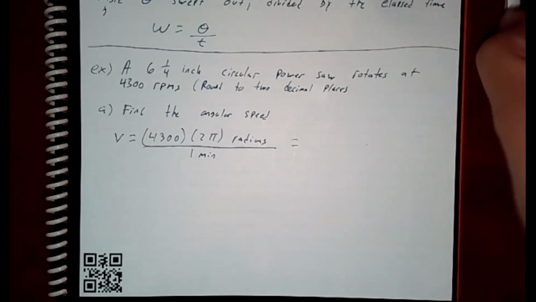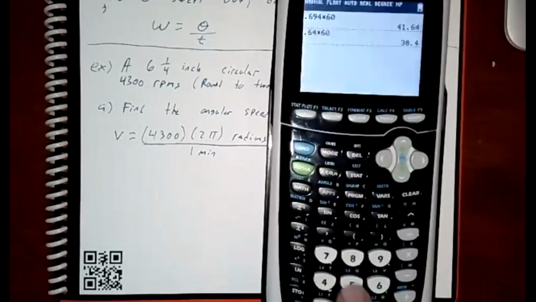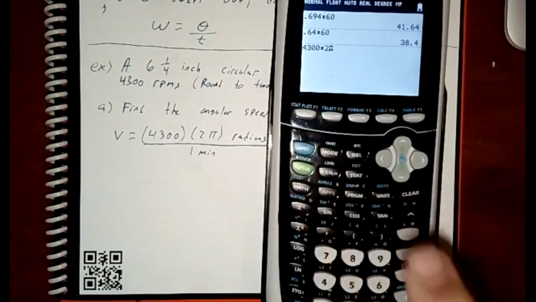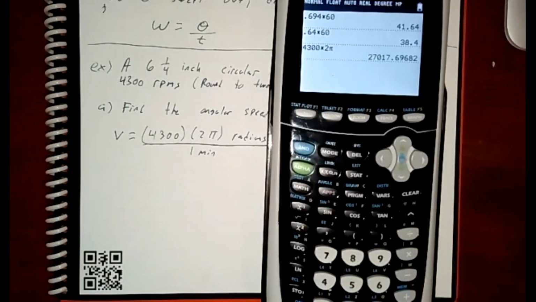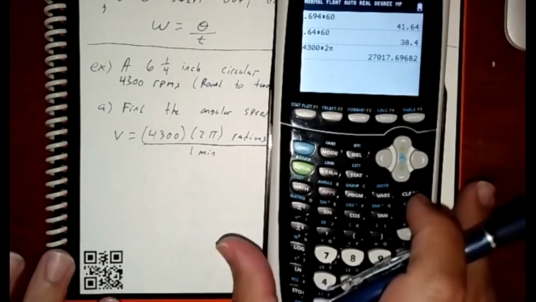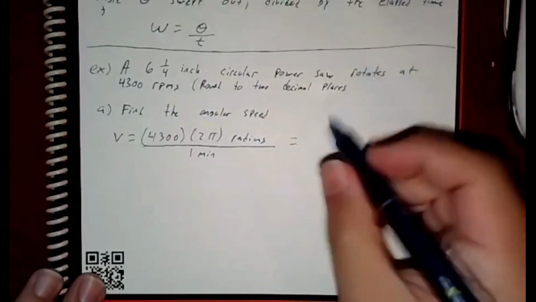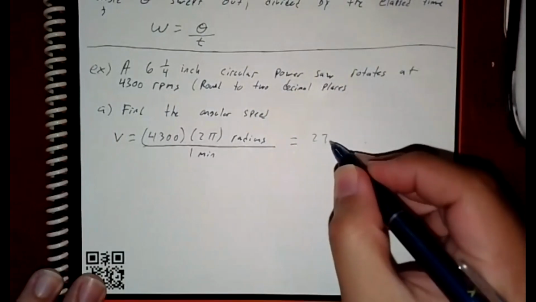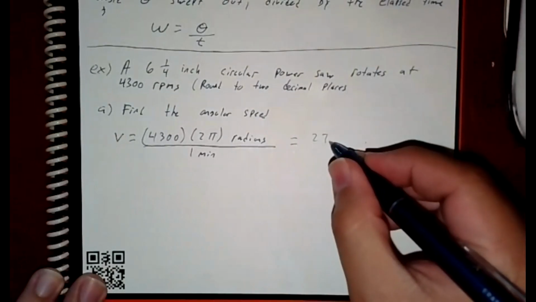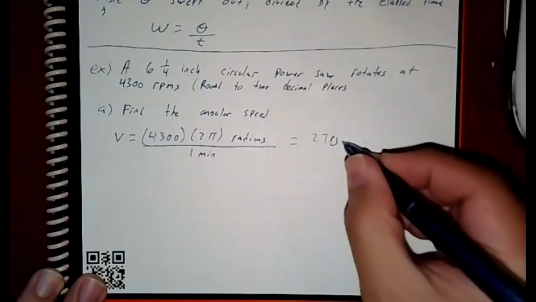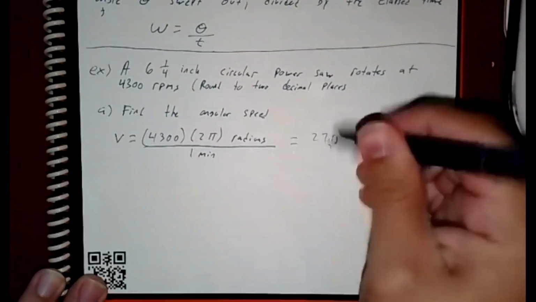Let's see. 4,300 times 2 times pi, 2 pi. All right. So it's about 27,000. Zero. Oops, that's an ugly 0.